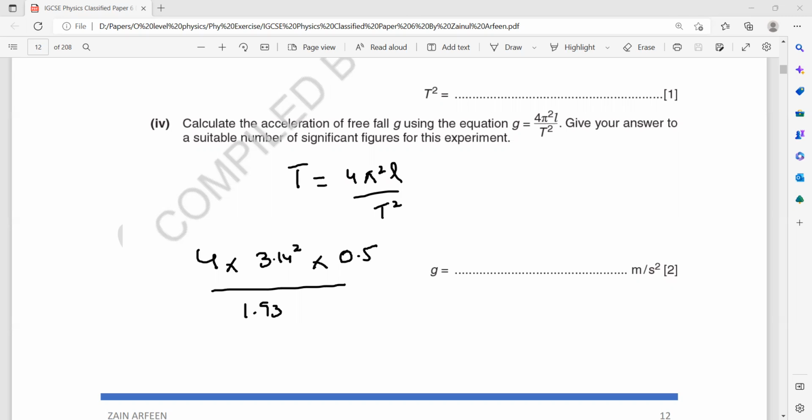The final answer for this, the value for gravity, is 10.2. Solve the numerator and denominator separately, and then at the very last divide them. It should be 10.2. It should be in the range, as the gravity value is 9.8, so it should be closer to that. If you are getting a very different value of gravity, it means there's some mistake.